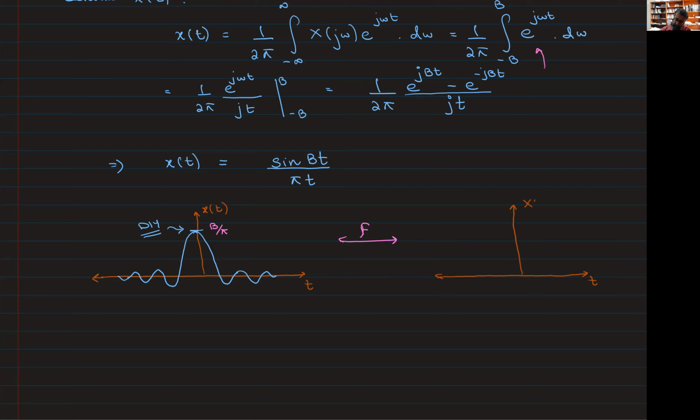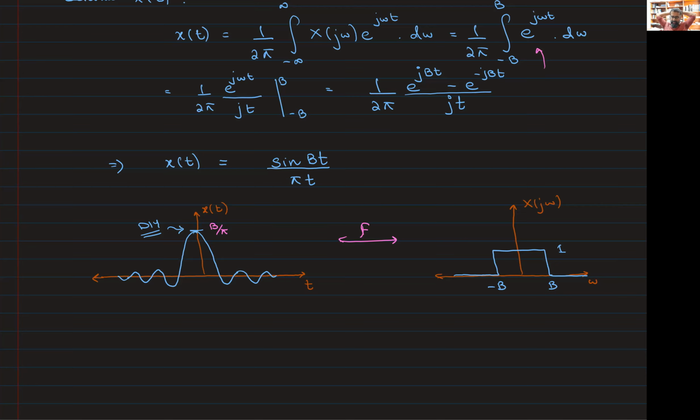And this is x of j omega. And this is b, and this is, or sorry, this is not t, this is omega. And this is minus b. It's minus b. And the height is 1.